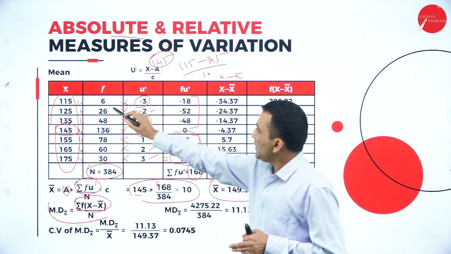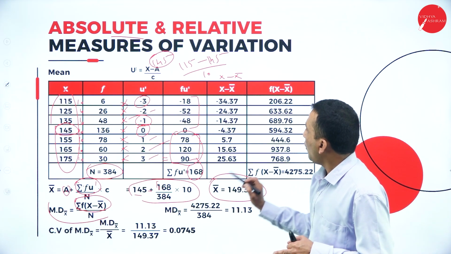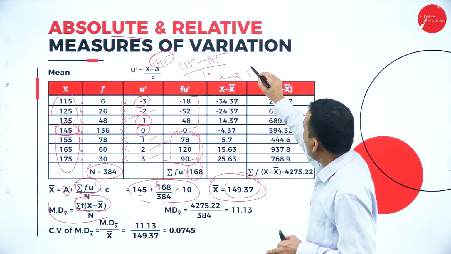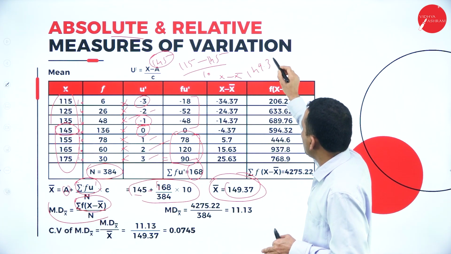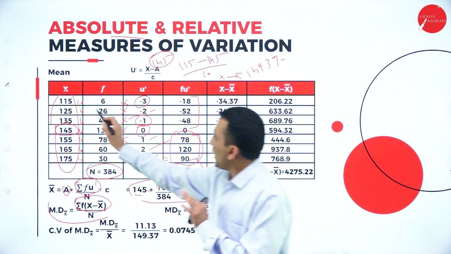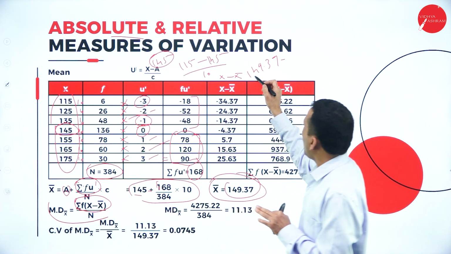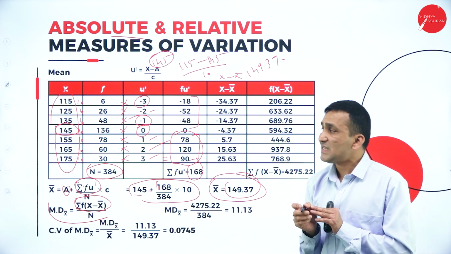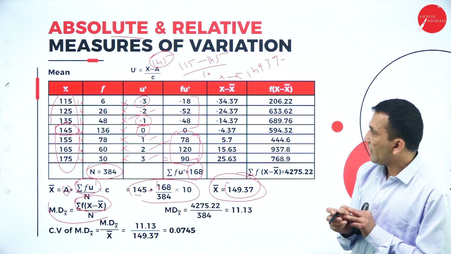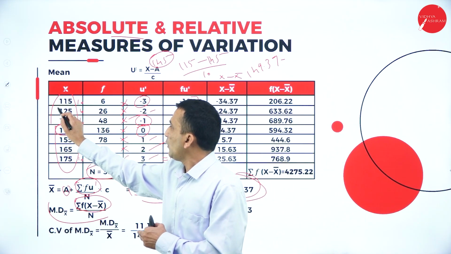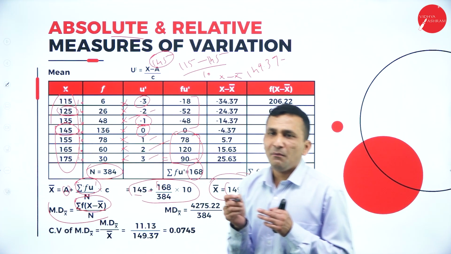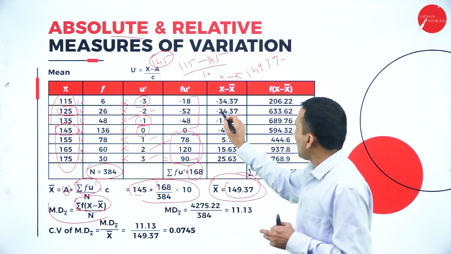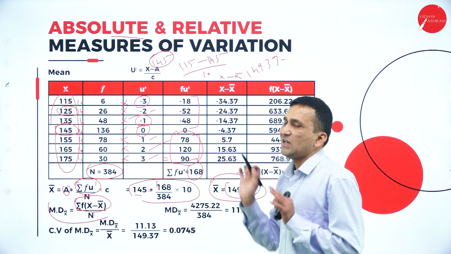So first, from the x series, now that we have the x bar value 149.37, 115 minus 149.37, if I subtract, I am getting minus 34.37. The same procedure will follow for 125 minus 149.37, I am getting minus 24.37.